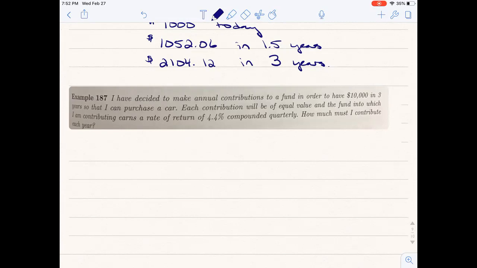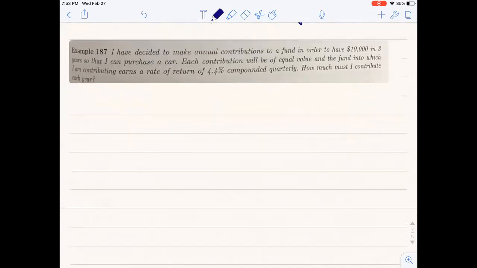Okay. So we're making annual contributions, meaning I'm making contributions each year. And so to map this out for 3 years, I can start today, and then I've got a payment at 1 year, a payment at 2 years, and a payment at 3 years, and then I'm done, because then I should have $10,000 in the bank.